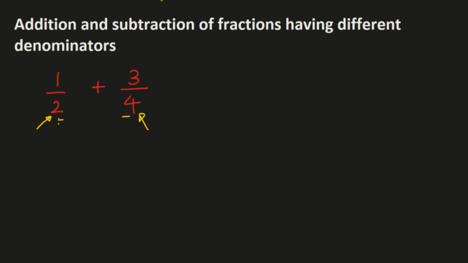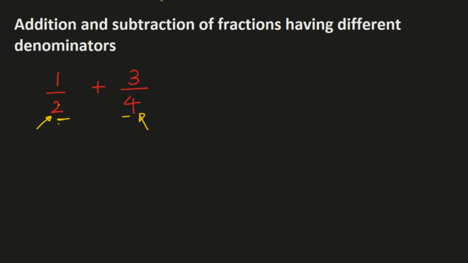In order to add or subtract these fractions, you have to make the denominators of these fractions an equal value. So, what's the easiest thing that you can do? You know that you can convert this 2 into 4, right? You can multiply 2 by 2 and convert 2 into 4.